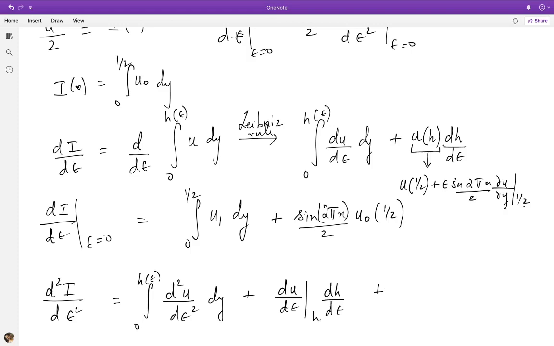I then take the derivative of the second by using the product rule. So it's whatever I get here, that stuff take its derivative with epsilon, times dh by d epsilon, plus now u of h times ∂²h by ∂epsilon², but I know that this is 0 because h has no second order dependence on epsilon in the way we have written it.